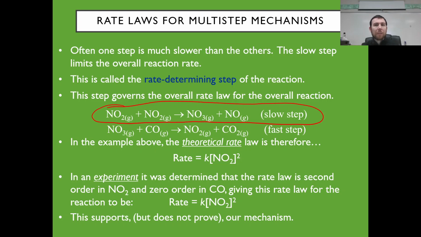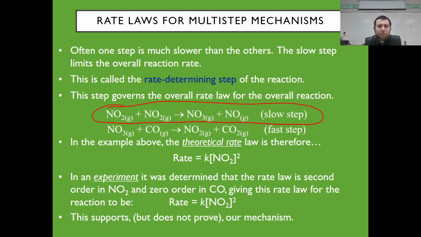This is a possibility for how this reaction can be carried out. It doesn't prove that this is the way the reaction is carried out, but it gives us an insight. So it supports, but doesn't prove, the mechanism that we've suggested.